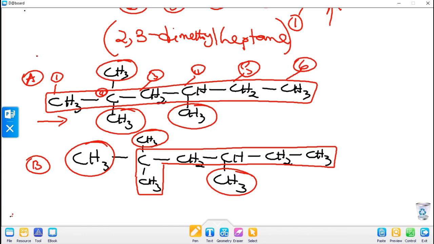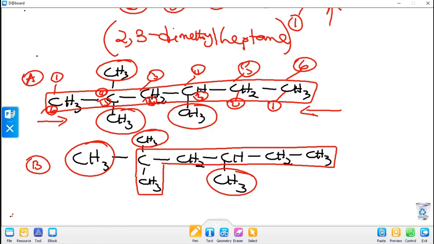But if we choose to come from the right-hand side, this will be 1. This will be 2. Here will be 3. This will be 4. This will be 5. And finally, this will be 6.